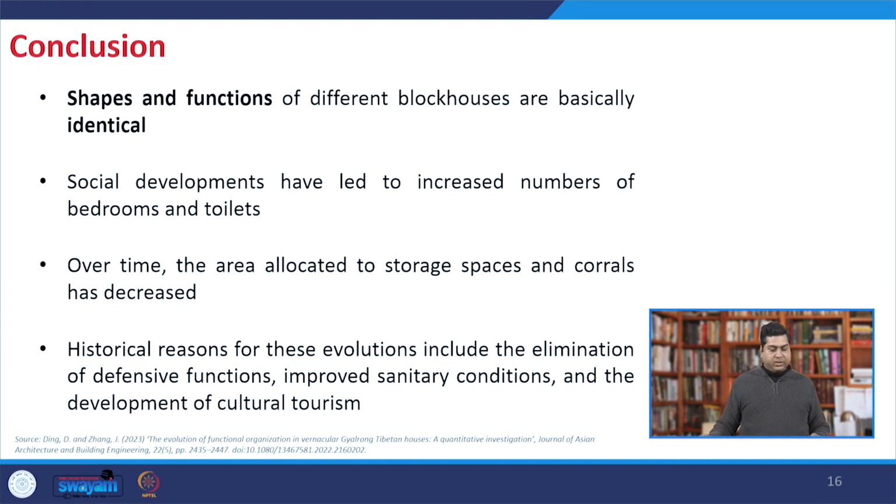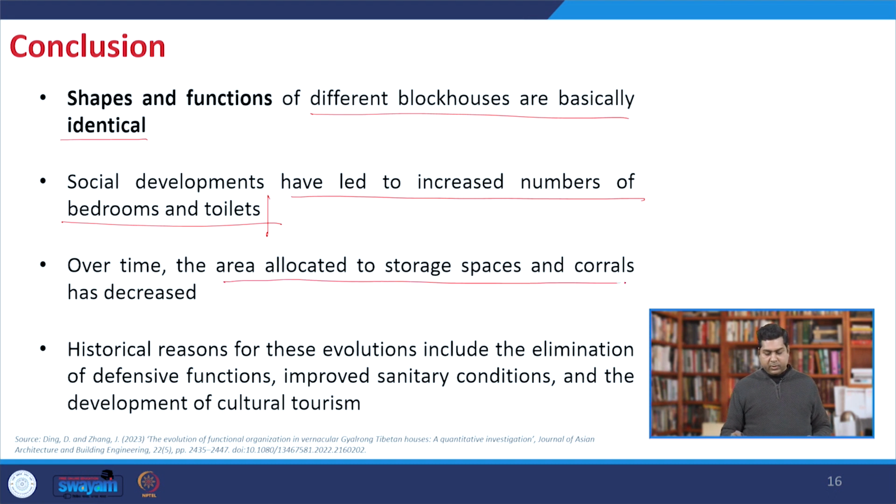Coming to the conclusion, the shapes and functions of different block houses are basically identical. Social development has led to an increase in the number of bedrooms and toilets, separate toilets within the block. Over time, the area allocated for storage space and the corrals has decreased, to adjust for the new functions and accommodate tourist demand, tourism over the agricultural need.